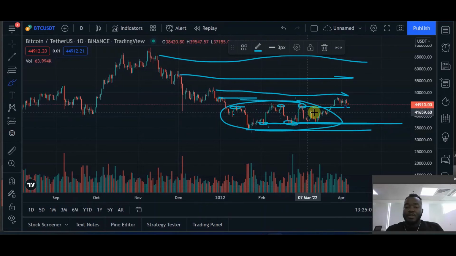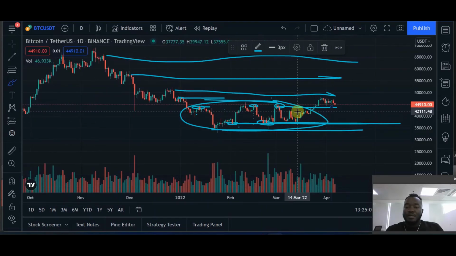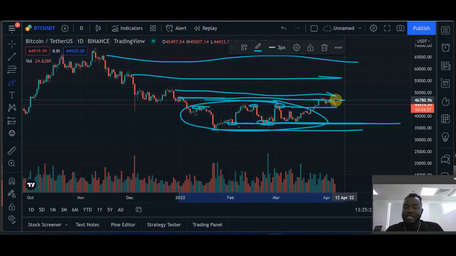Okay, now you have seen what has happened from here, determining that here is also our point of interest, and here is also our point of interest, and here is also our point of interest. Noting from here now, look, this is where the BTC pumped to, and we started having another dump, which led us to this area.